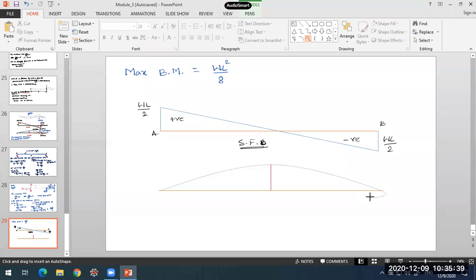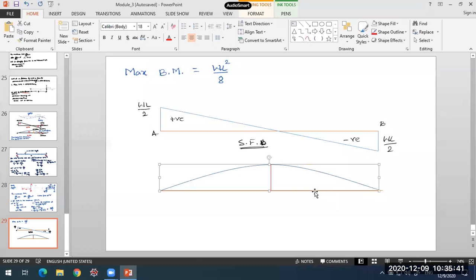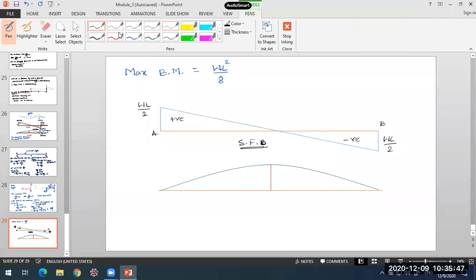This is the variation of bending moment. It will be curved, and the entire bending moment is sagging in nature, that is, positive. The maximum value is WL square by 8. At A and B, moment is 0. This is our bending moment diagram for a simply supported beam carrying UDL.